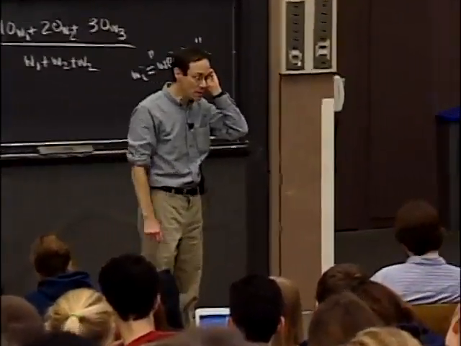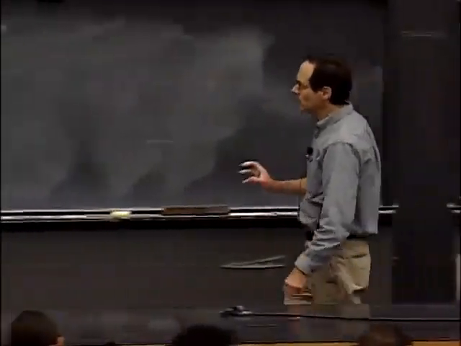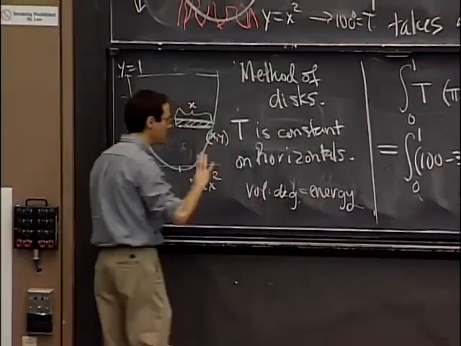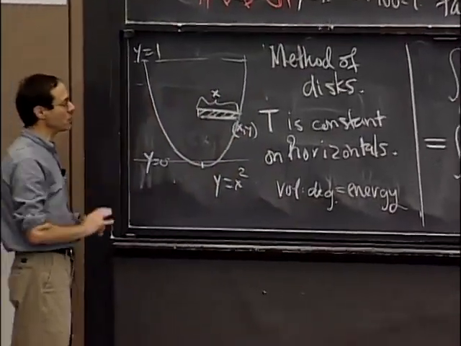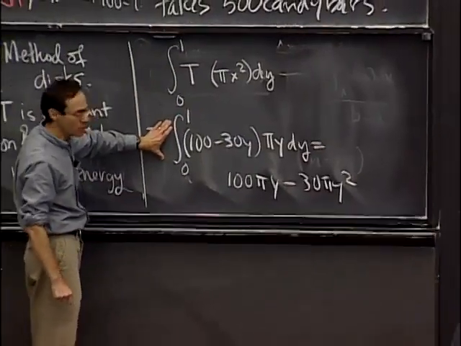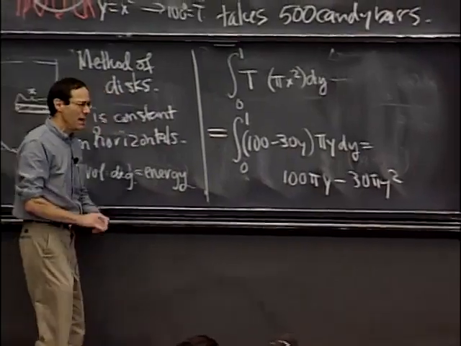Say it again. What does the integral give us? The question is, what does this integral give us? So here's the integral, rewritten so that it can be calculated. And what this integral is giving us is the following.